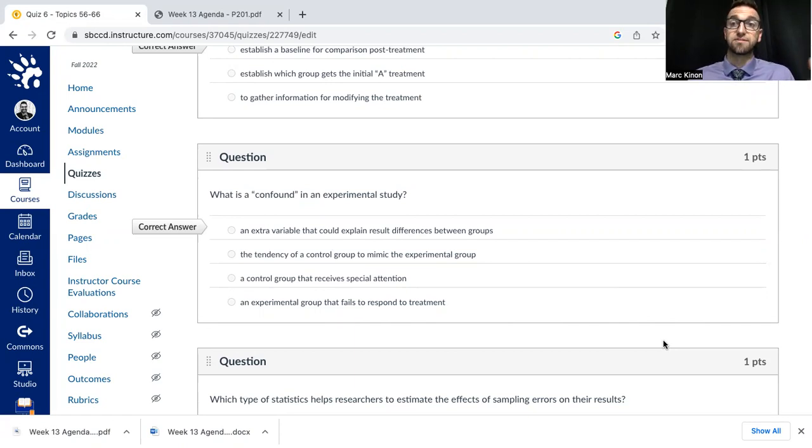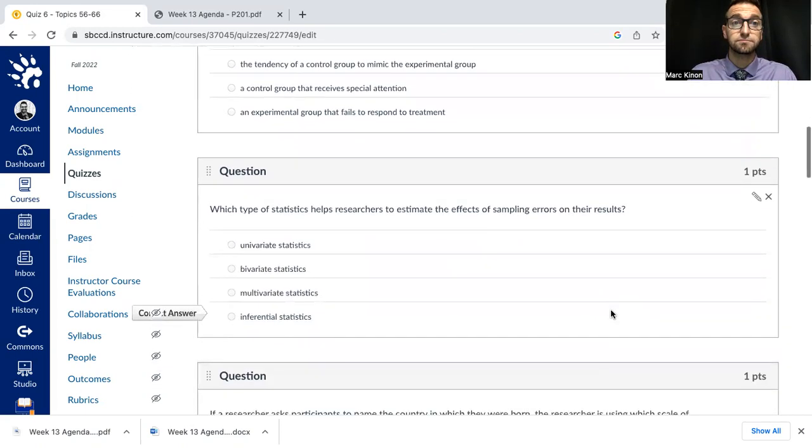We get around these variables by using random assignment. So I take the first person, I randomly assign them to either the treatment or the control, the second, all the way through the 100th person. And therefore, at least I know I'm cutting out the effect of conscientiousness on the results and other variables too. That's the whole point of random assignment, to get rid of confounds.